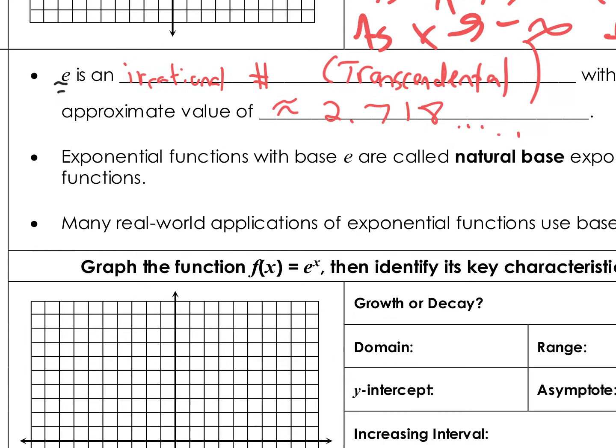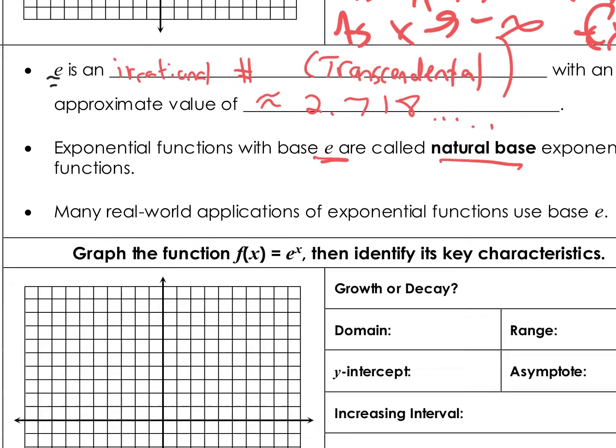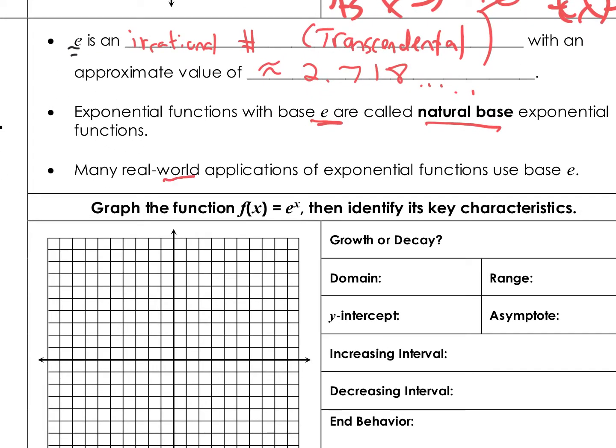Exponential functions with base E are called natural base. And we use them a lot in real-world applications. We use base E a lot in science, in physics, and in chemistry.